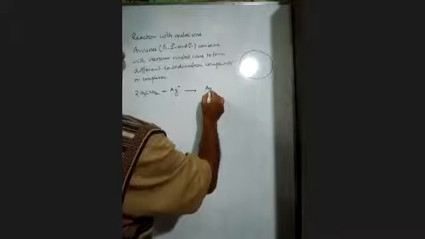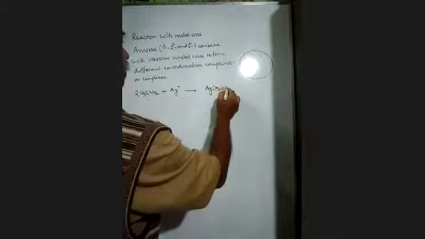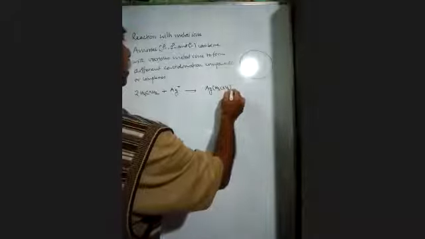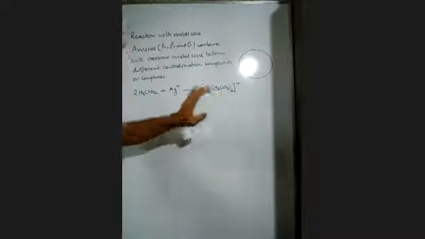You'll find it is going to form a complex. You know by this time that silver chloride is insoluble. But if you add the methylamine, immediately the white precipitate will disappear. Why? Because it is going to form a complex.